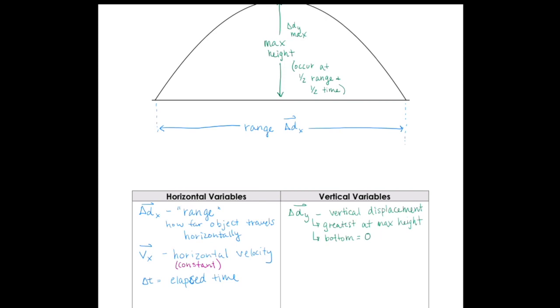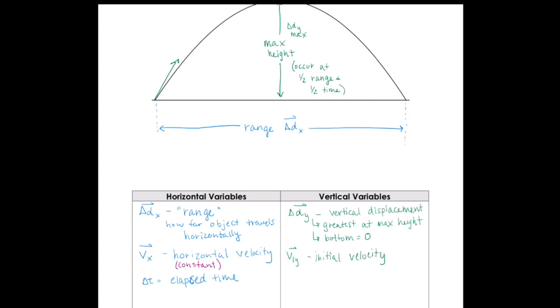Okay, and then we have the initial velocity of our vertical aspect. Okay, so that's going to be at the start. Oops. So I'm going to draw a tangent line for this.